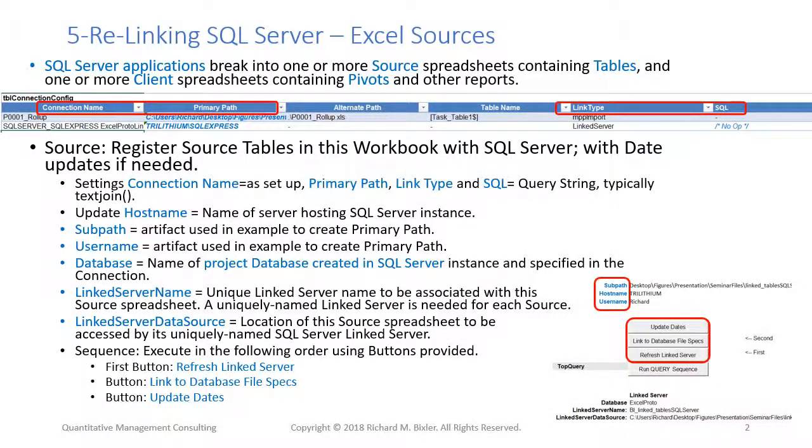This button creates and links the connection named in table connection config field connection name having link type equals linked server. It updates server/instance in that connection. This button causes execution of SQL strings drop SP OPI linked server, create SP OPI linked server, and exec SP OPI linked server, which should be configured in Excel prior to execution, incorporating linked server name and linked server data source values.